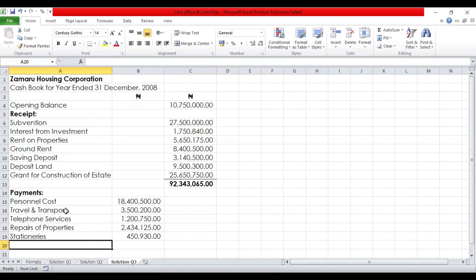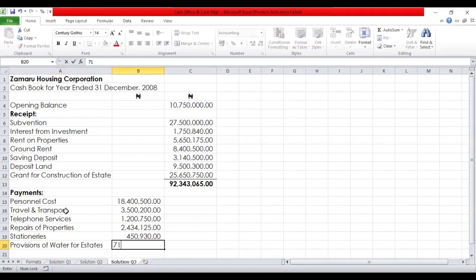Provision of water for estates. How much? 7,150,300.